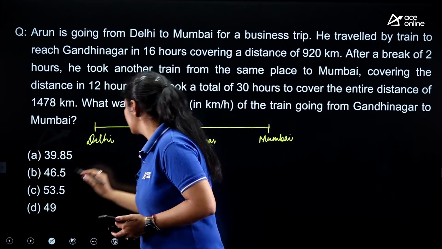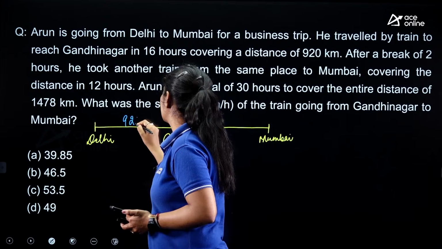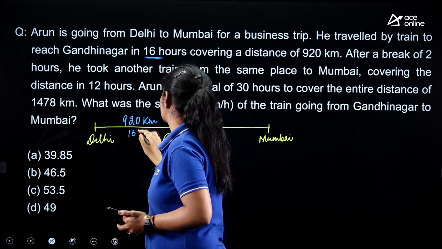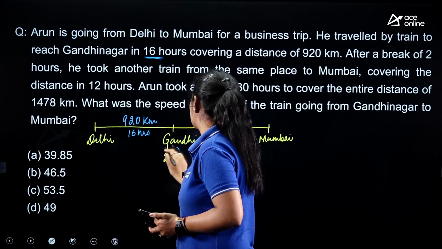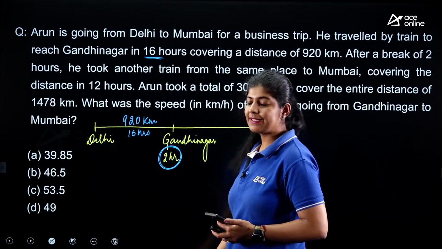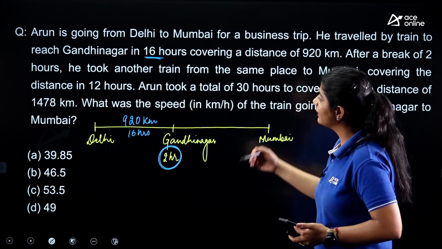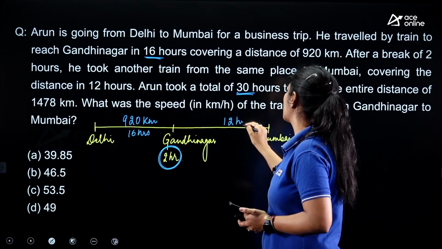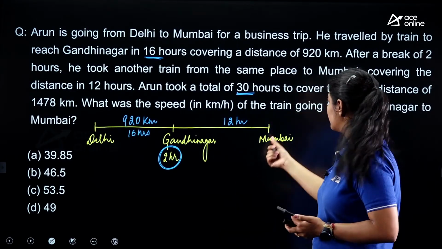Between Delhi and Gandhinagar, he covered a distance of 920 kilometers in 16 hours, and he took a gap of 2 hours, so 18 hours are covered. The journey is 30 hours, so 12 more hours are required from Gandhinagar to Mumbai.